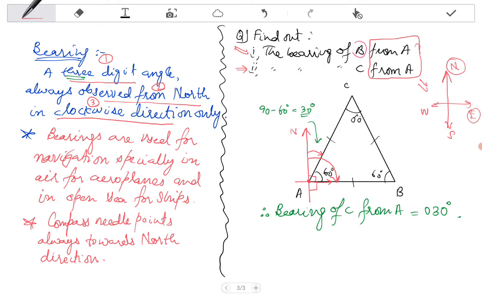Actually, I am going to find out the bearing of B right now from point A, so I am standing at A. I drew this cross earlier, so I am just using the same cross here, starting from north, moving in clockwise direction and reaching the line which is connecting the point whose bearing is required from the point where I am standing, the reference point. So after "from", what is written is actually the reference point.